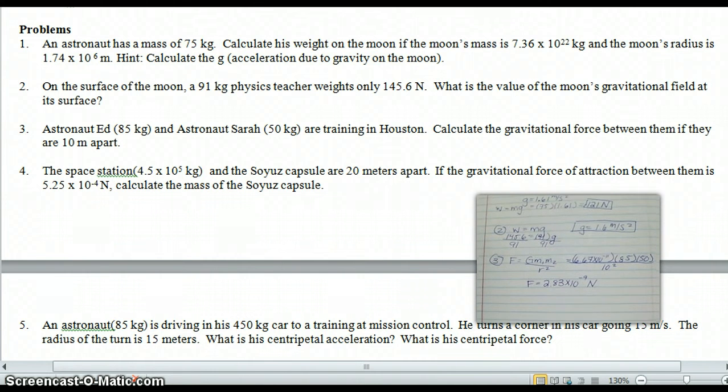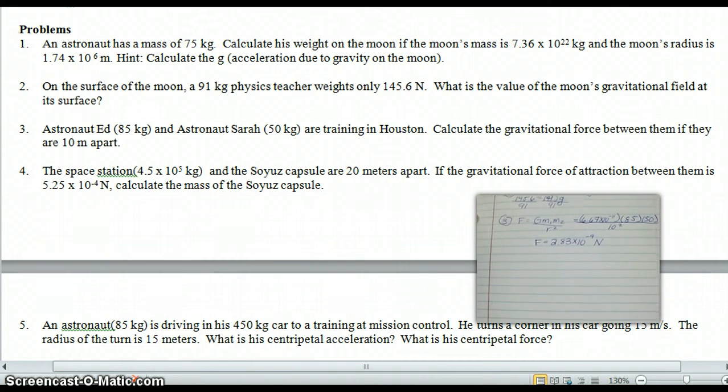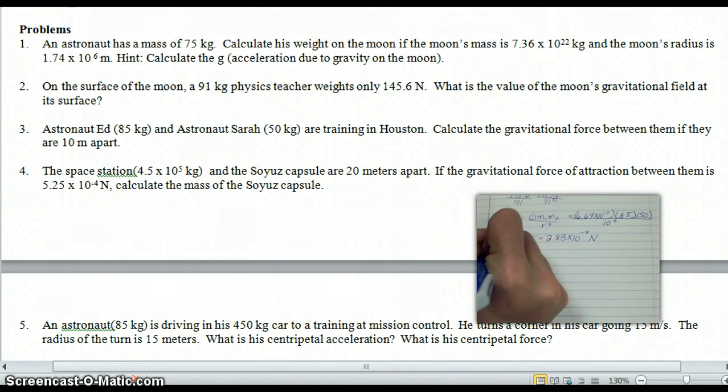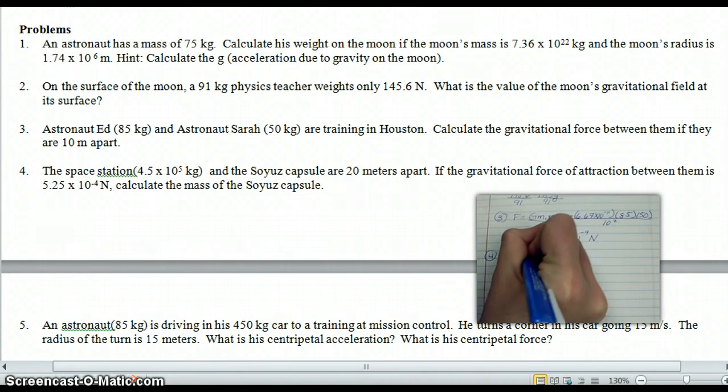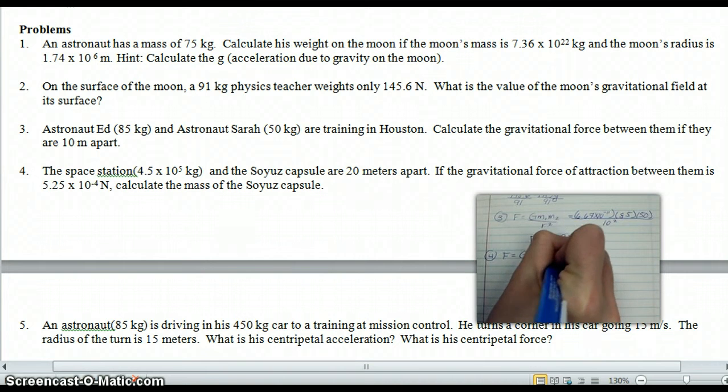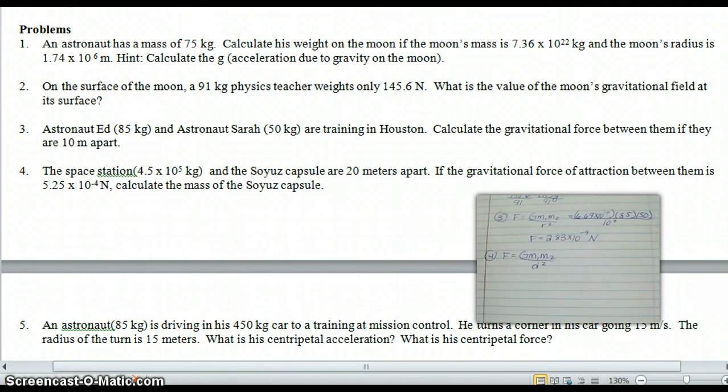So our key here is it says gravitational force, so we're going to use our gravitational force equation, which again is F equals big G m1 m2 over my distance squared. They give us one mass, so that's our m1, and they give us the distance they are apart, that's our 20 meters, and they give us our force, and they want us to calculate the second mass.